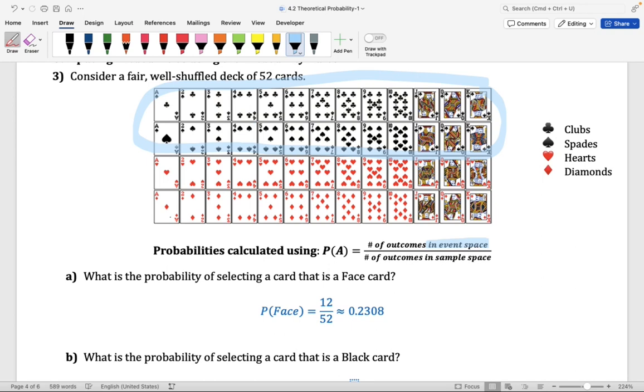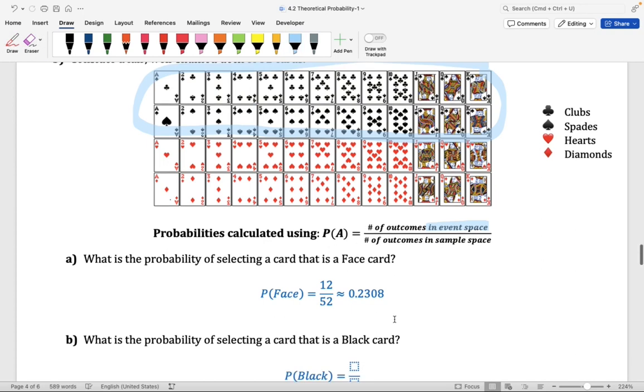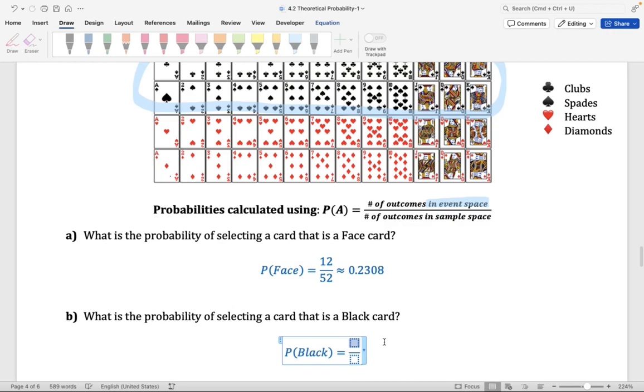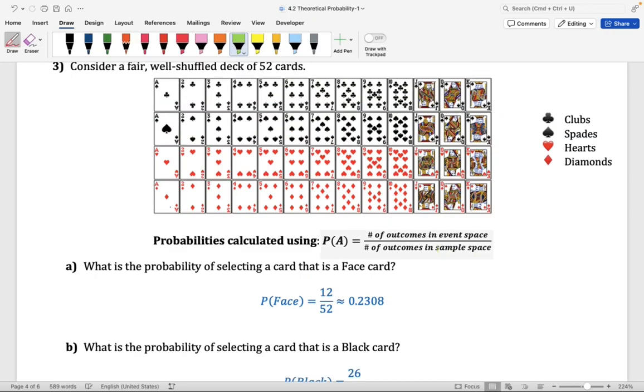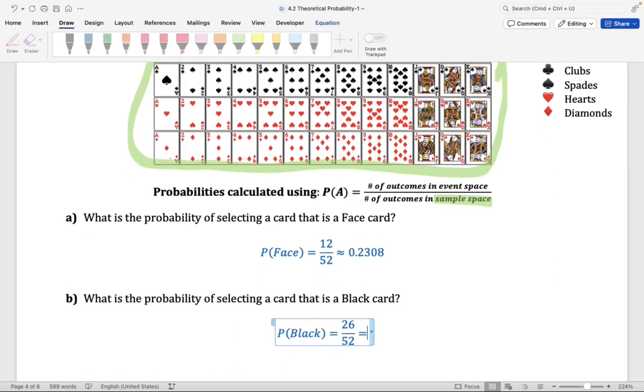We have a total of 26 black cards. So the numerator here is going to be 26. Now, what is the sample space? The sample space is all the possible outcomes of selecting a card from this deck. Here we have 52 possible outcomes. So go ahead and take 26 divided by 52. You should be getting 0.5.